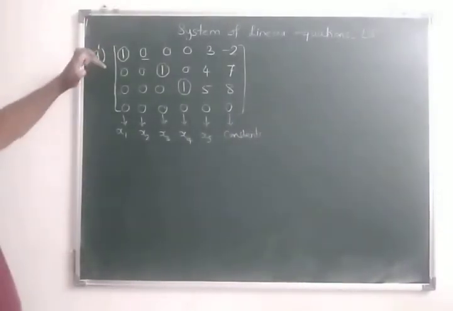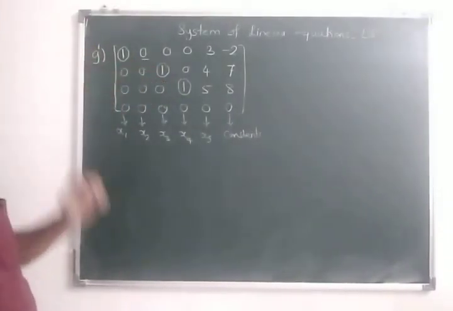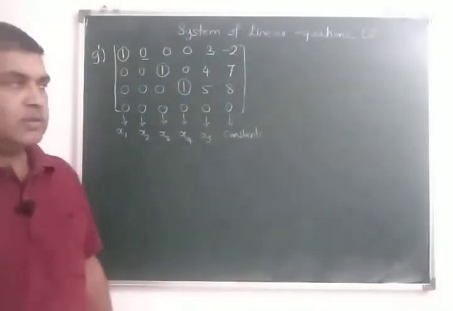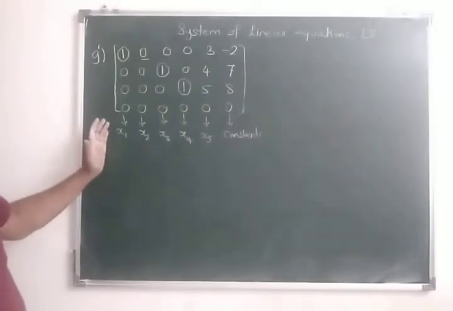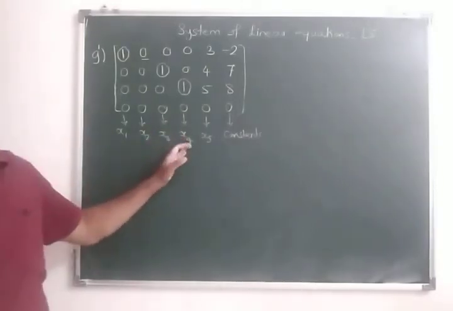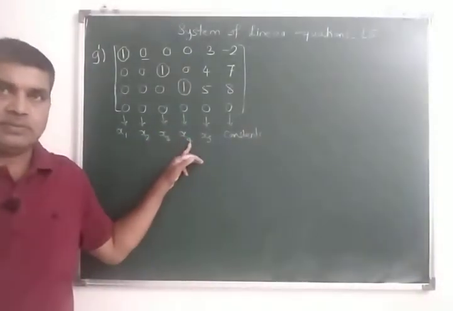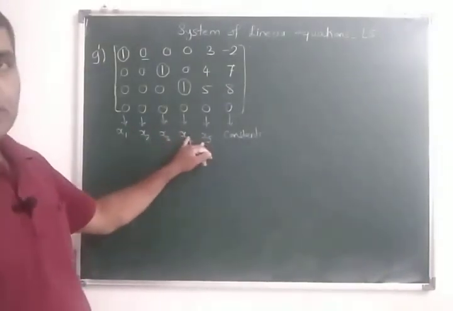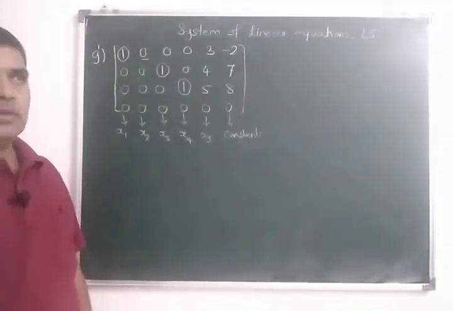So here columns C1, C3, C4 contain leading ones, so corresponding variables x1, x3, x4 must be leading variables. Then remaining variables are free variables. x2, x5 are free variables.